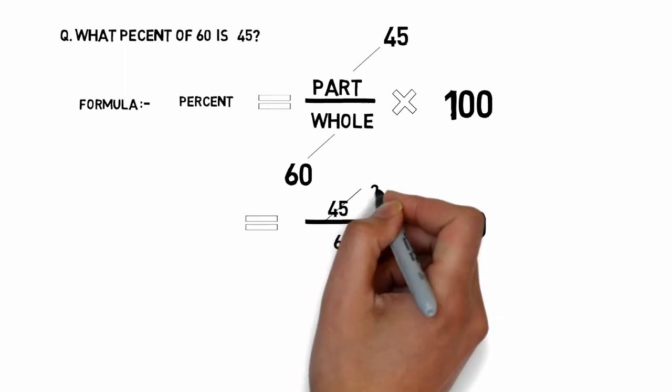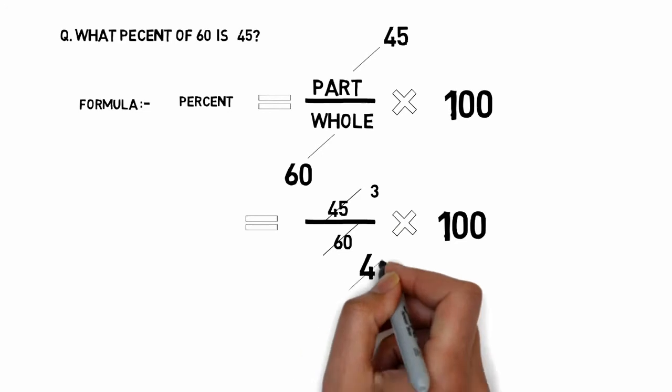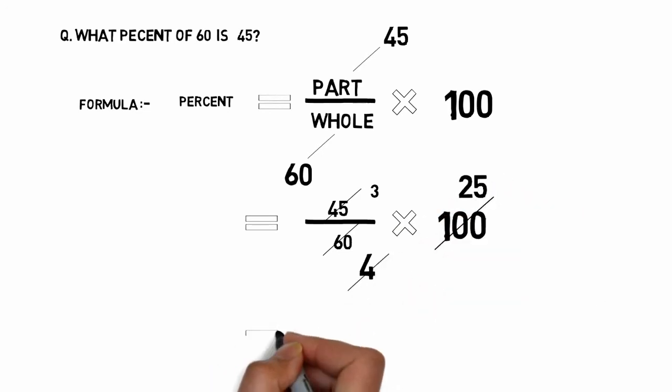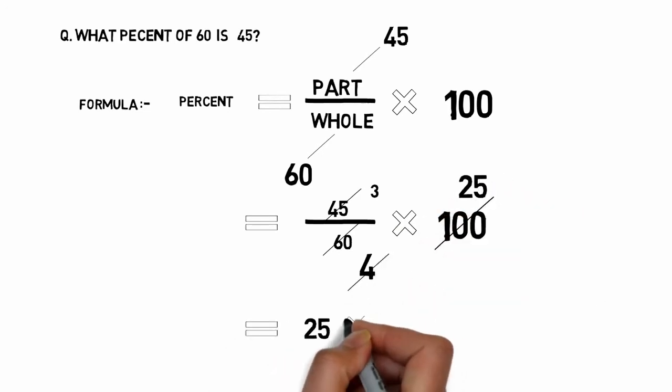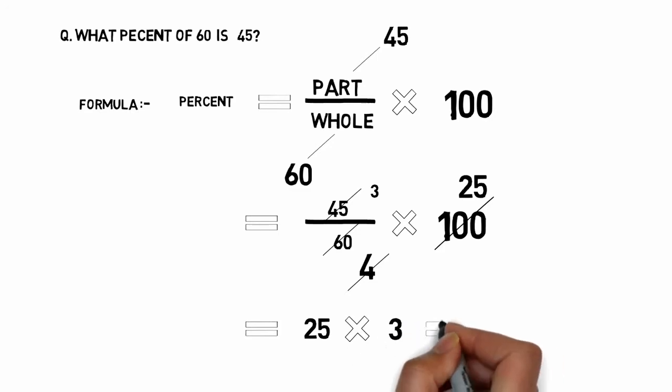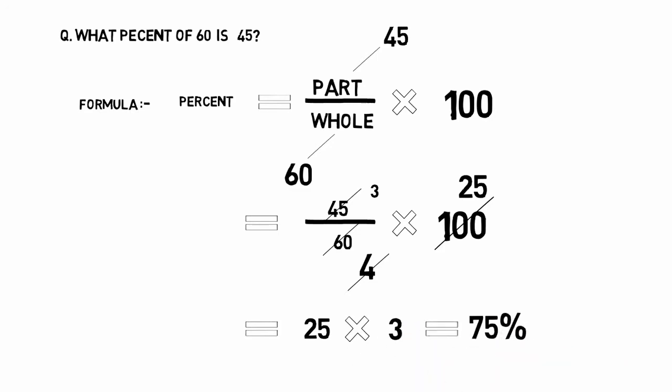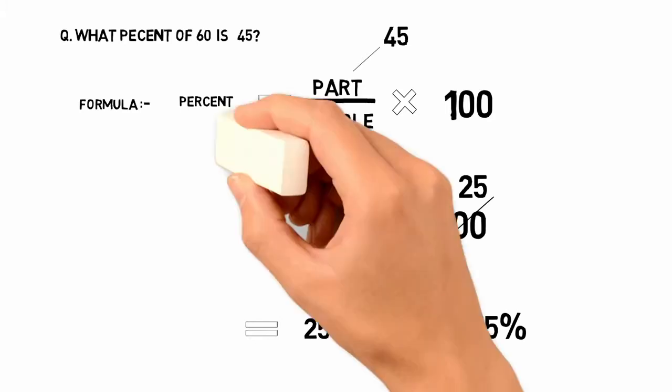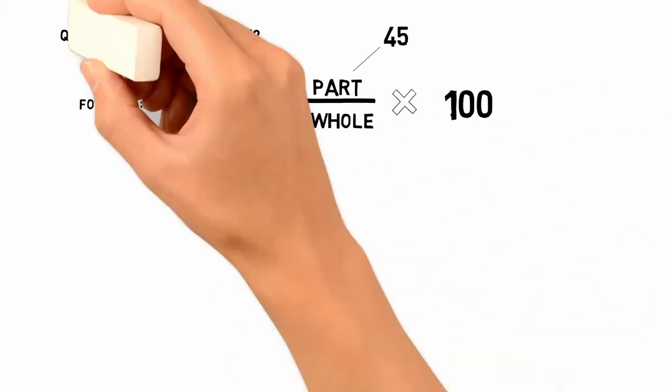After putting in the values 60 and 45 we get an equation, and after solving it we get 75%, which is our answer.